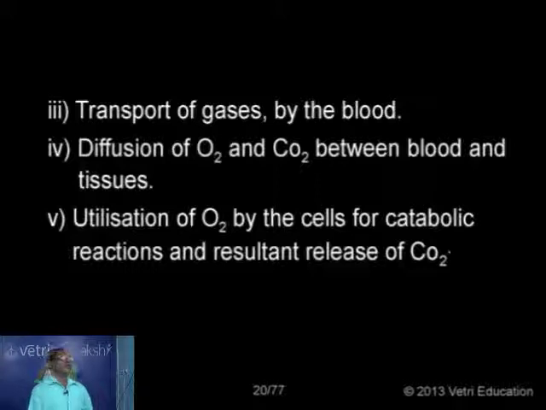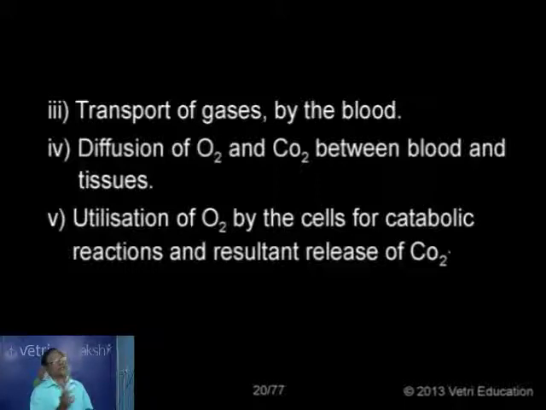Now once oxygen enters the cell, you have the original process of respiration, the chemical process, what is called internal respiration or cell respiration. That is the process by which glucose or any other substrate is catabolized, and we get the resultant product, namely carbon dioxide, which is eliminated. So these are the 5 major events: breathing or ventilation, then exchange of oxygen and carbon dioxide between the blood and alveolar gas across the alveolar capillary membrane.